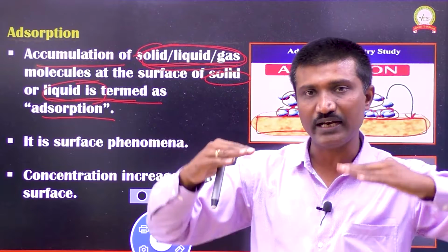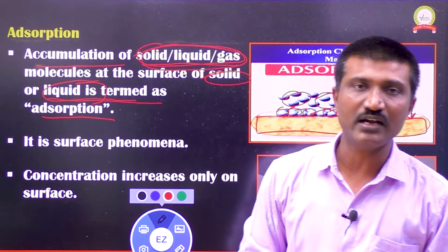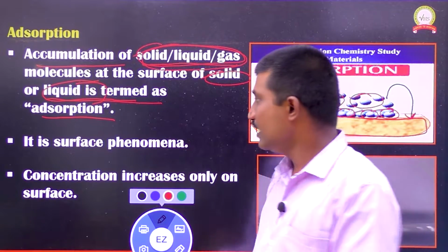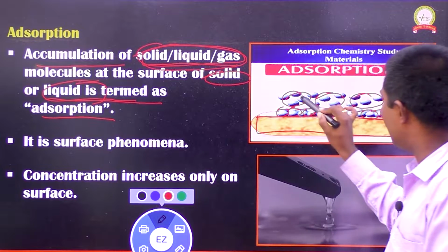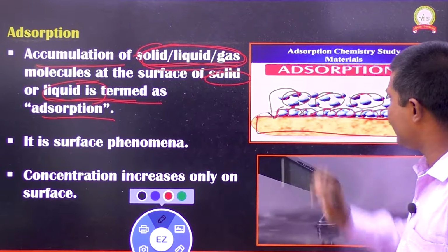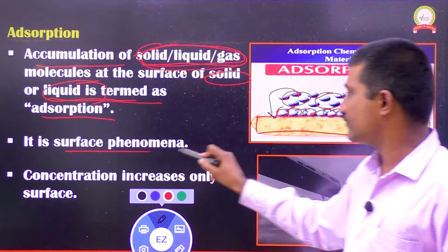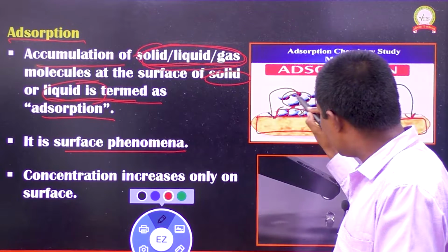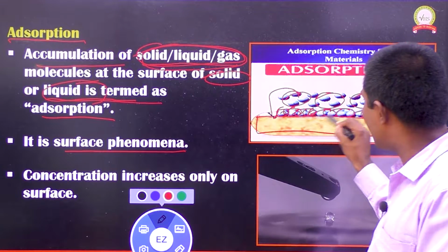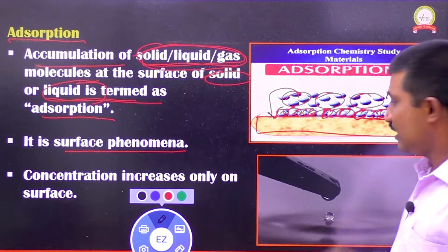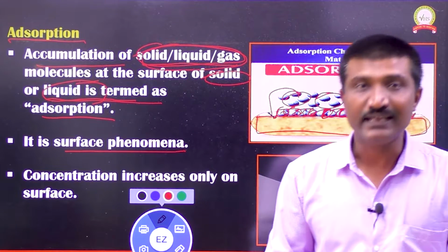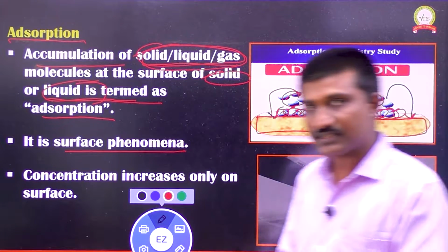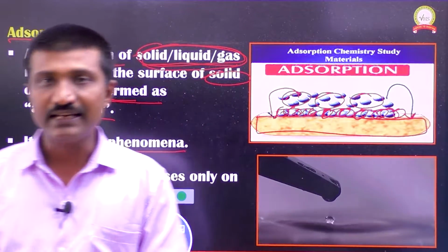On that liquid or solid, if any type of molecules come and occupy, then we call that adsorption process. Clear? And these molecules are coming and occupying only on the surface. We are calling this a surface phenomenon, meaning adsorption is a surface phenomenon. If more molecules are occupying the surface, then the concentration of that surface increases. If fewer molecules are occupying, the concentration decreases.